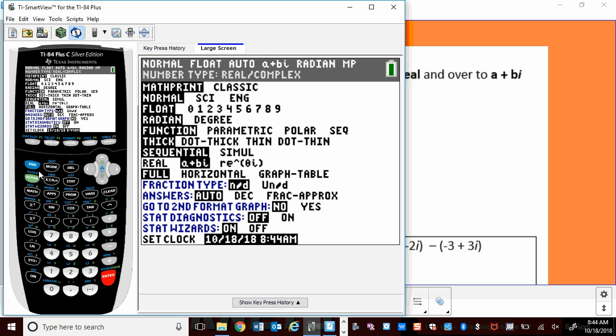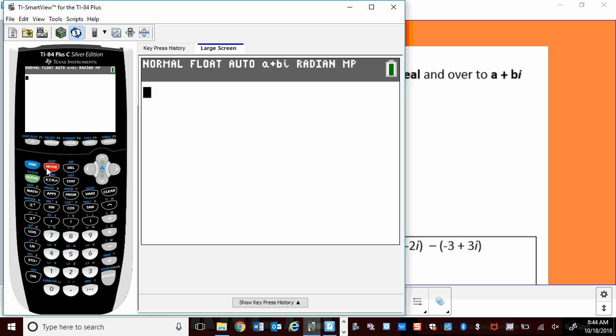Then hit second mode again to quit and go back to your regular screen. In order to solve these problems the easy way, you have to be in A plus BI mode. If not, your calculator does not recognize imaginary numbers. All right? So everyone's in A plus BI?